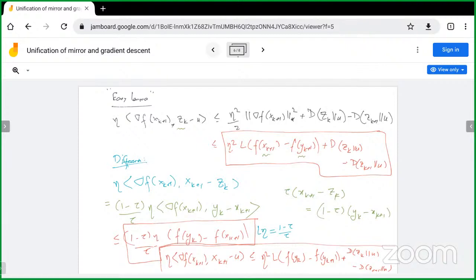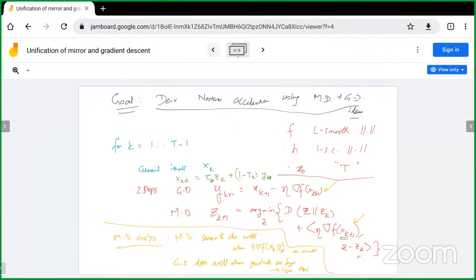I guess this would also work for other norms, right? Would it not? Not sure. This works for any norm actually. Here we're not using it anyway, because you use Bregman divergence in the mirror version. So even if it was another norm, this goes through.